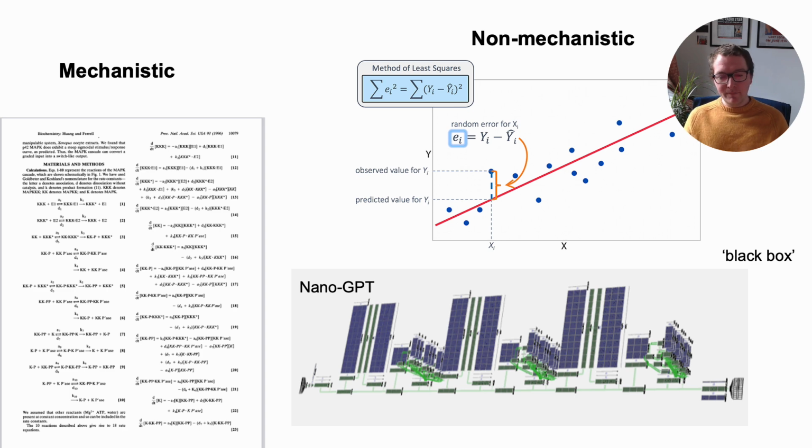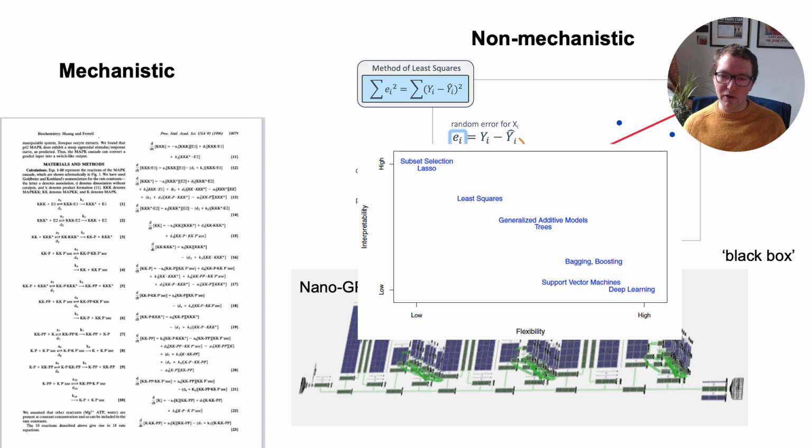These are huge systems with lots and lots of parameters, incredibly flexible, and can fit lots of types of data, but it doesn't really tell us how the data is generated. That's the difference. And these models at the bottom tend to be called black box models because we can't really look inside them very well and see how they generate output from input.